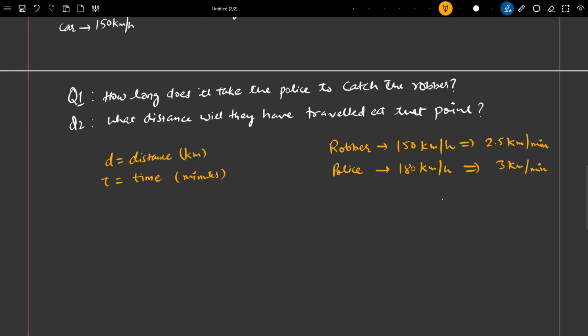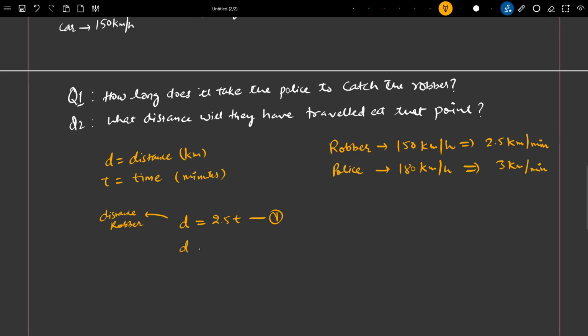Now, with respect to the robber, we know that d equals 2.5t. So this is the distance traveled by the robber. Let's say this is equation one.